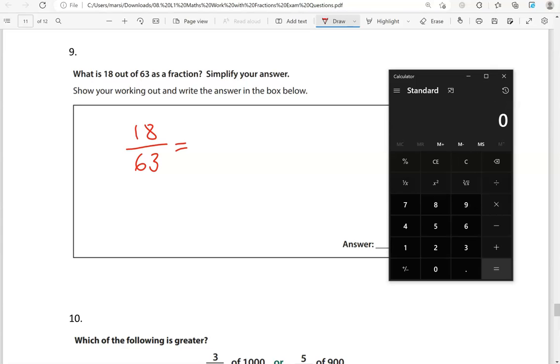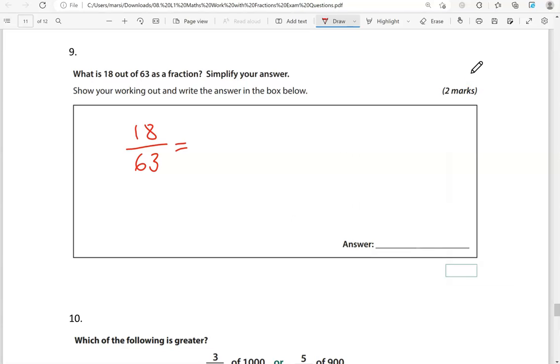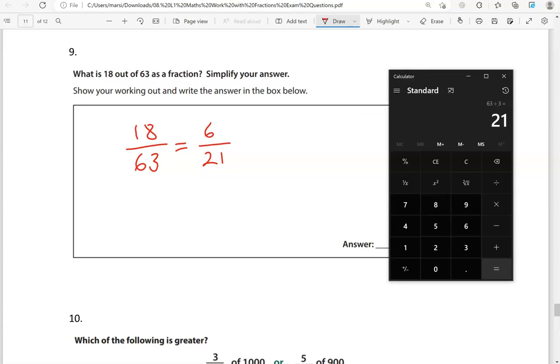What number can we divide them both by? Can we divide them by 3? Yes, we can. 18 divided by 3 gives us 6. But if you're unsure, you can always do it on the calculator.